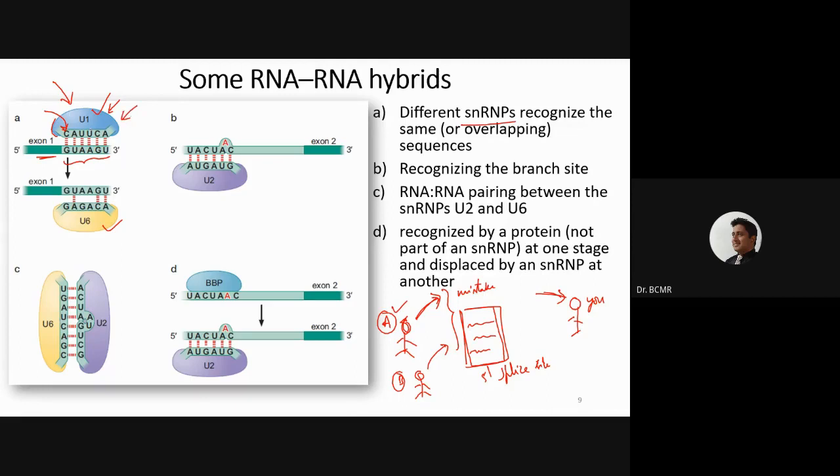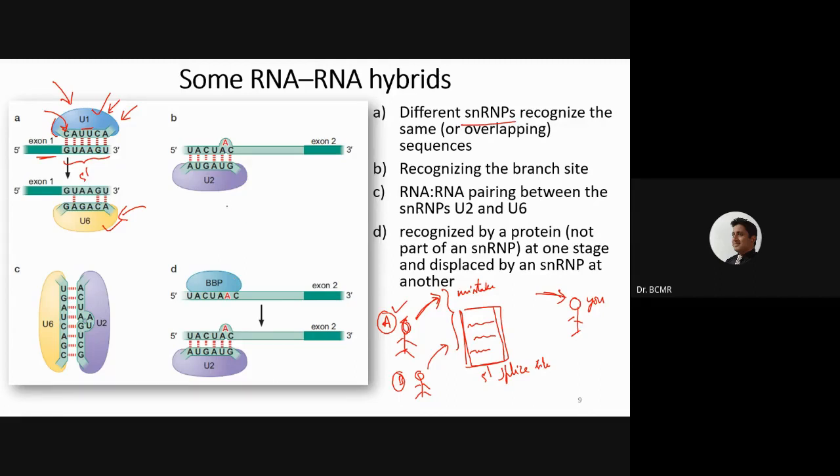At one point, U1 is recognizing, and at another point, U6 is recognizing the same 5' splice site. So the fidelity increases. It's unlikely that both will make mistakes. Okay, there is still a probability, but the probability would reduce. I hope you understood what this means also.